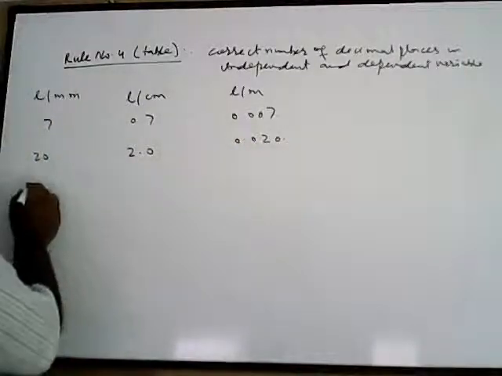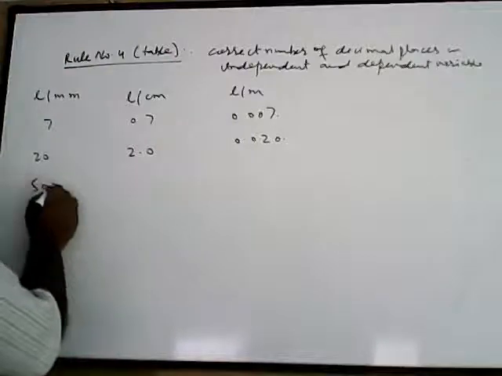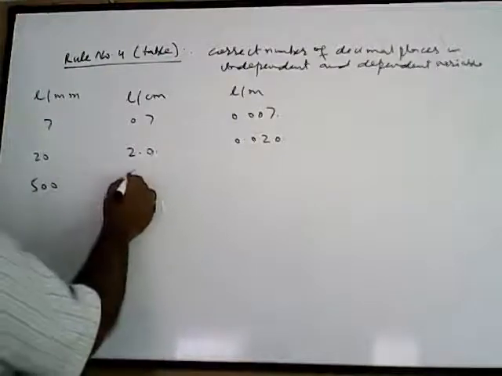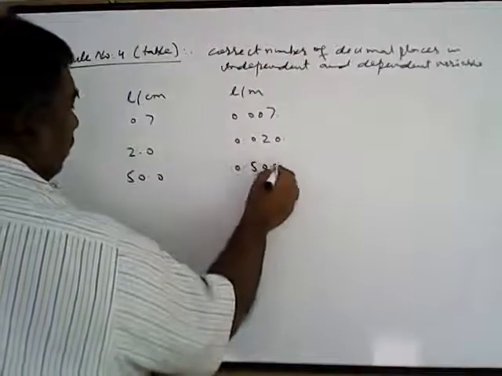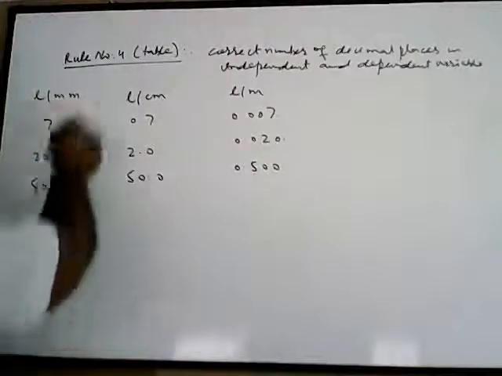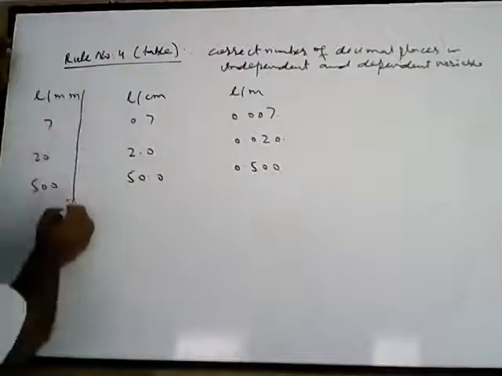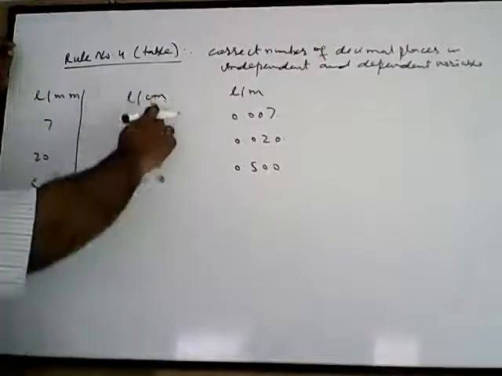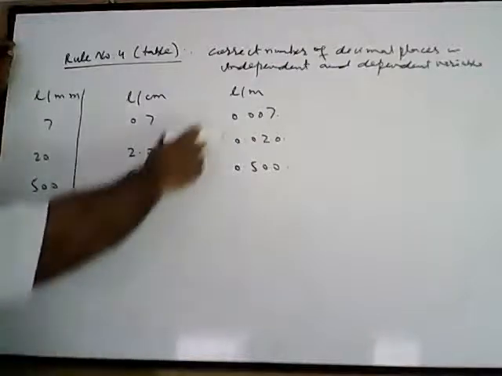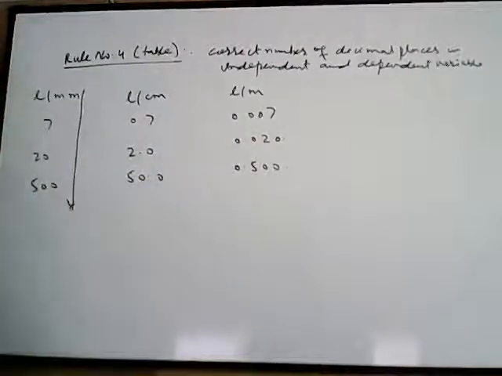Then suppose I have to record 500 millimeters. That will be 50.0 centimeters, and 0.500 meters. You can see the precision of the meter rule is whole number millimeters, centimeters have 1 decimal place, and meters have 3 decimal places. So you must know the precision of the instrument used.